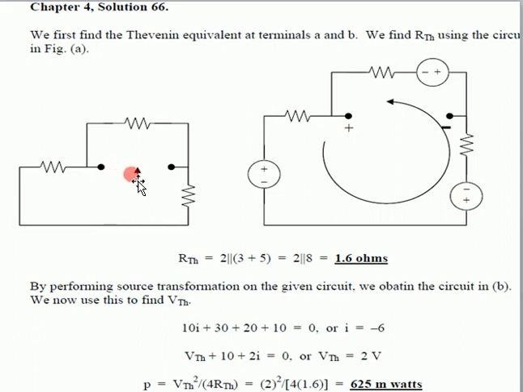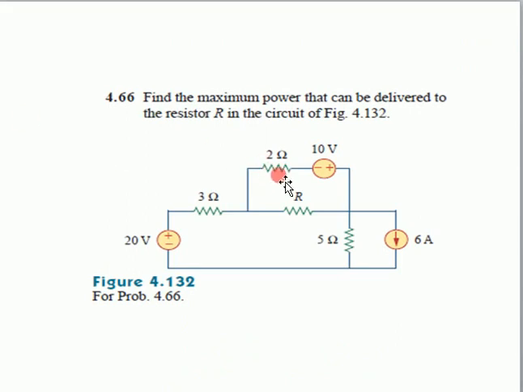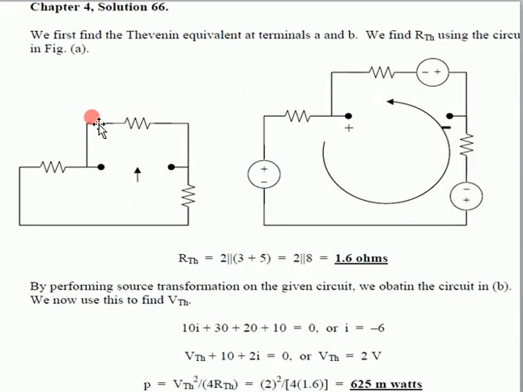Here these are the open terminals, and the upper resistor is of 2 ohm, this is 3 ohm, and this is 5 ohm. So here this 5 ohm and this 3 ohm are in series with each other. So the result will be 8 ohm, and this 8 ohm is parallel with this 2 ohm. So RThevenin is equal to 1.6 ohm, as we are seeing from this side.